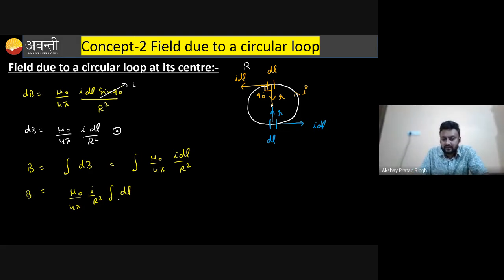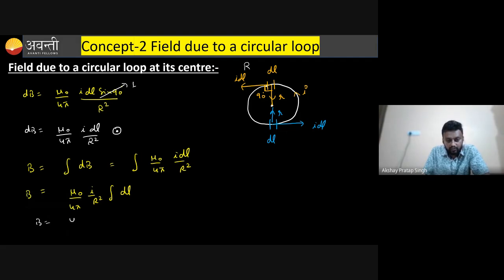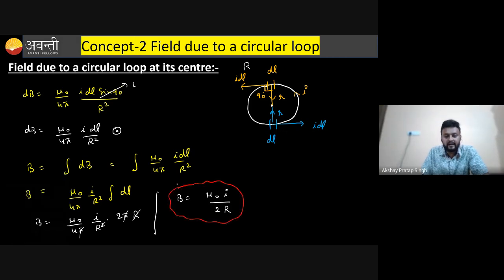Now integration of dL means addition of all these small elements, and if you add these small elements, it becomes the circumference. So B is equal to mu naught by 4 pi, I by R square, 2 pi R. You can cancel out R and R, pi and pi. So B is equal to mu naught I divided by 2R. This is the magnetic field at the center of a loop.